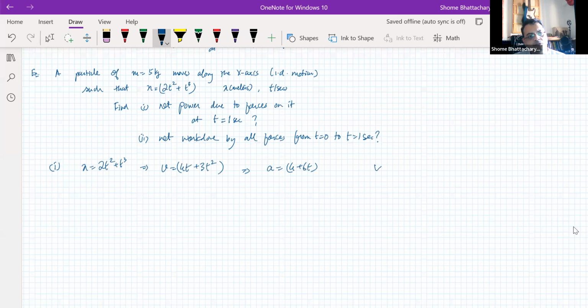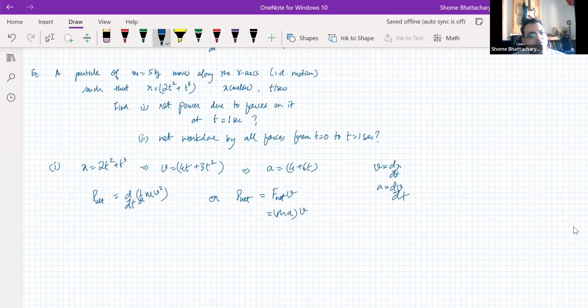That information also, using the fact that. So now net power, I can either define it as rate of change of kinetic energy, or I can also think of net power as net force into instantaneous velocity. So that becomes this.